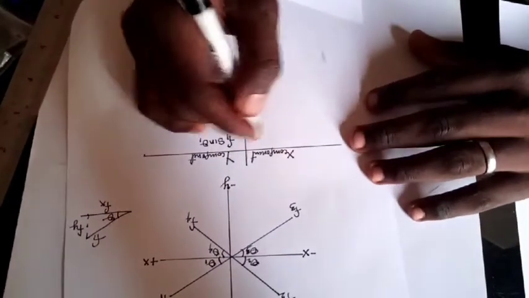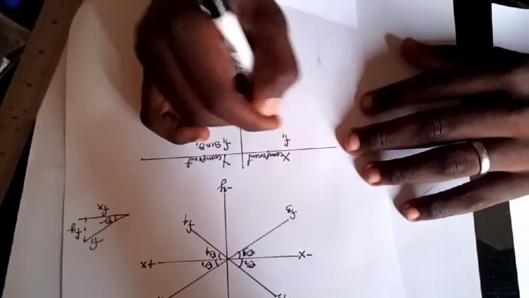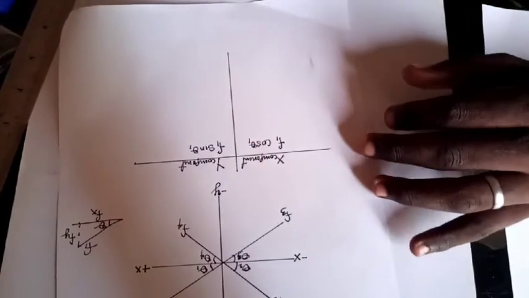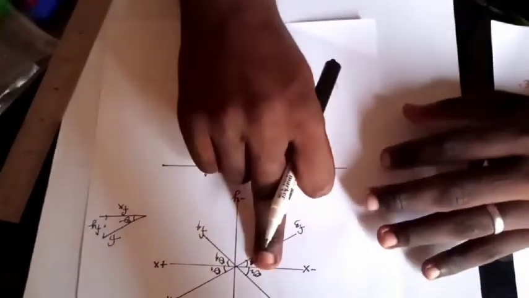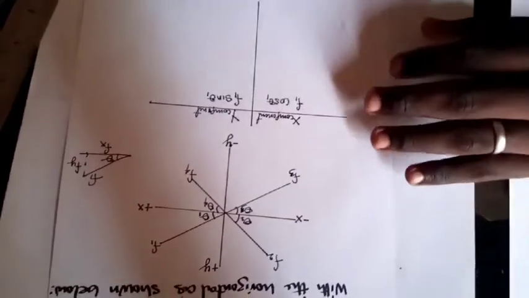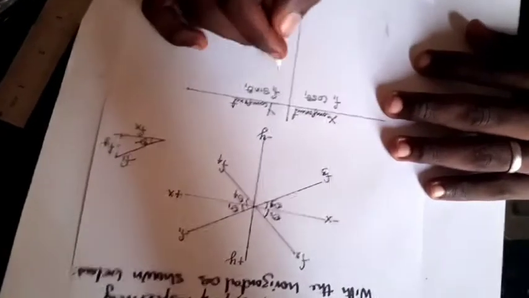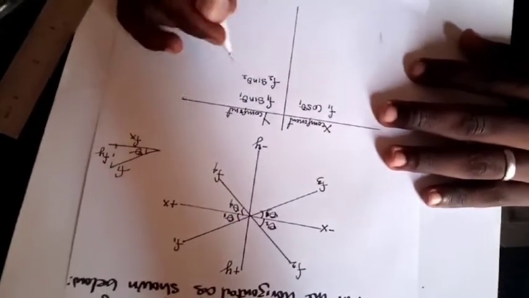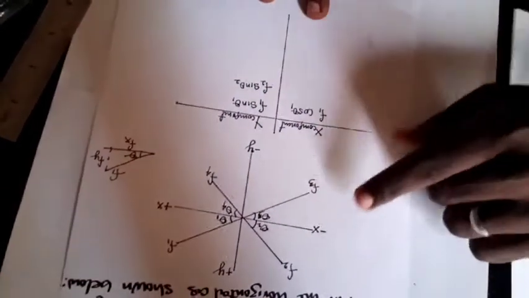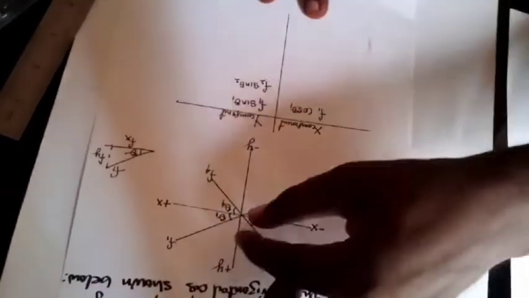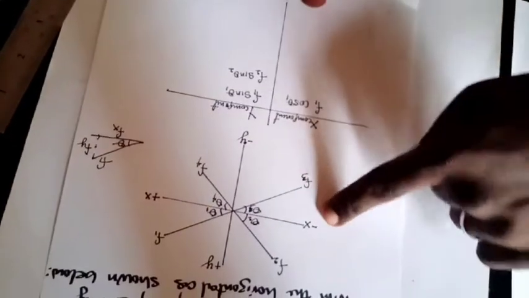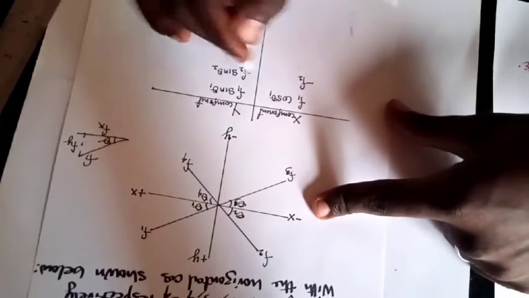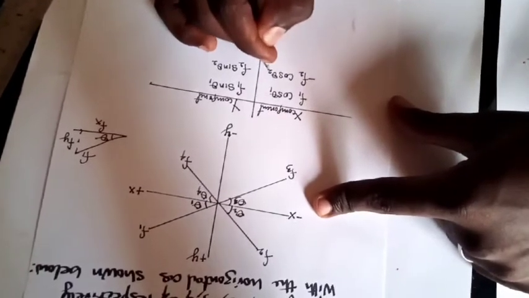And for the horizontal component, we are going to have f1 cos theta 1. For the second one, f2, the vertical component is f2 sine theta 2, and the horizontal component will now be negative because it faces the negative axis. So we have negative f2 cos theta 2.